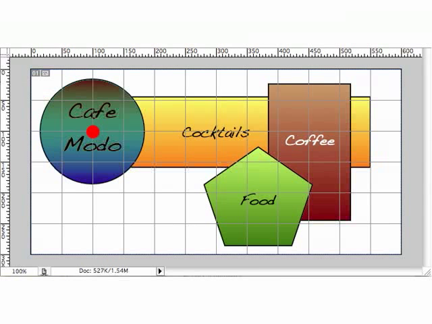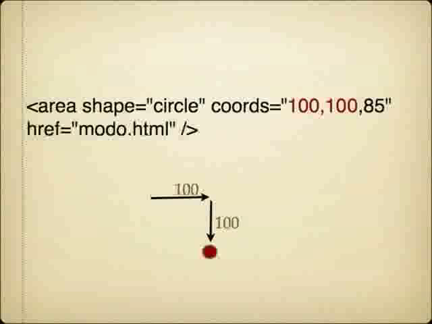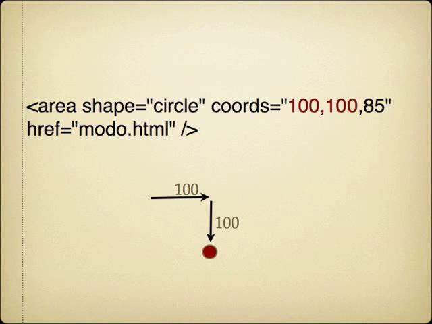Now the center of this circle is 100 pixels over and 100 pixels down. So this gives us the first two pieces of information. The coordinates of the center, 100, 100. The radius of this circle is about 85 pixels. So this gives us the third piece of information. So the coordinates for this circle are 100, 100, 85.